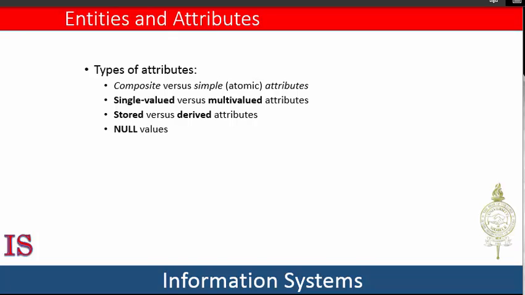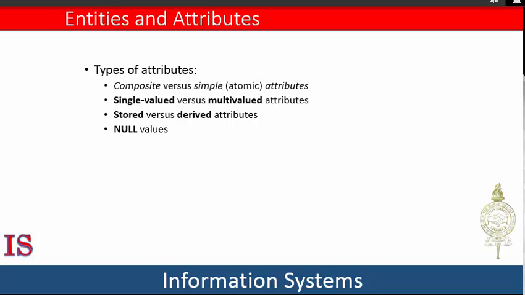A person with no college degree would have null for college degrees. Nulls can also be used if we do not know the value of an attribute for a particular entity. The meaning of the former type of null is not applicable, whereas the meaning of the latter is unknown.